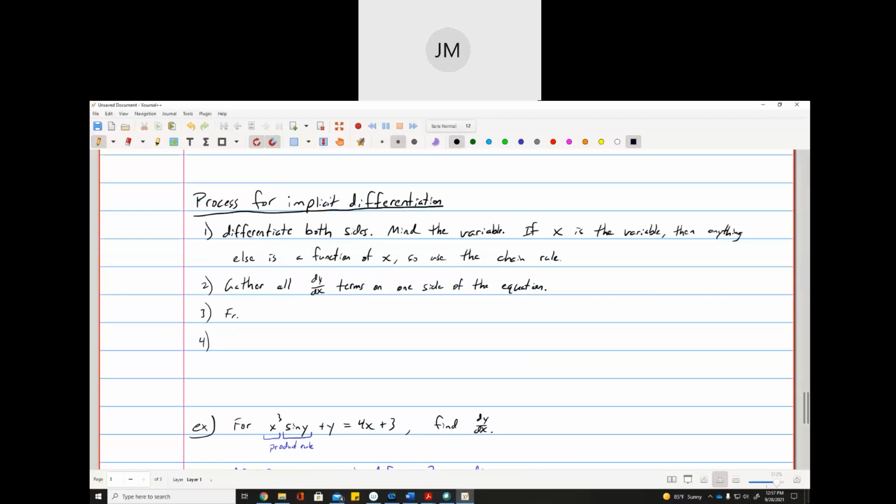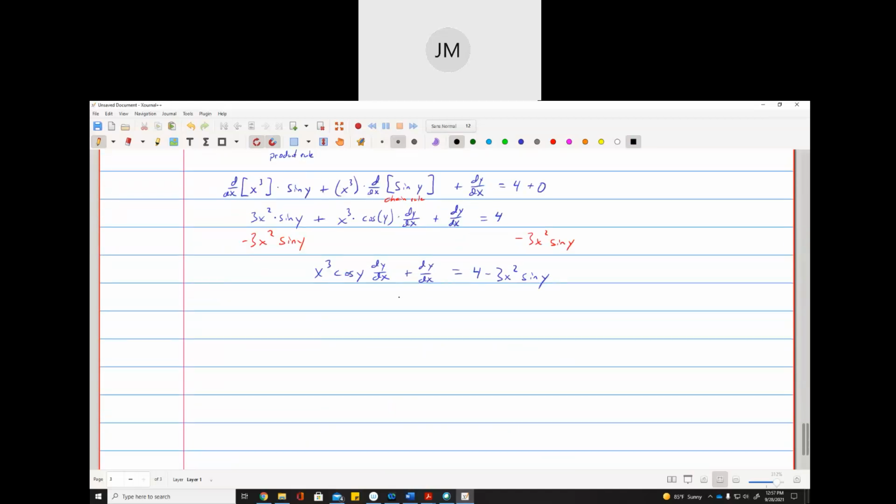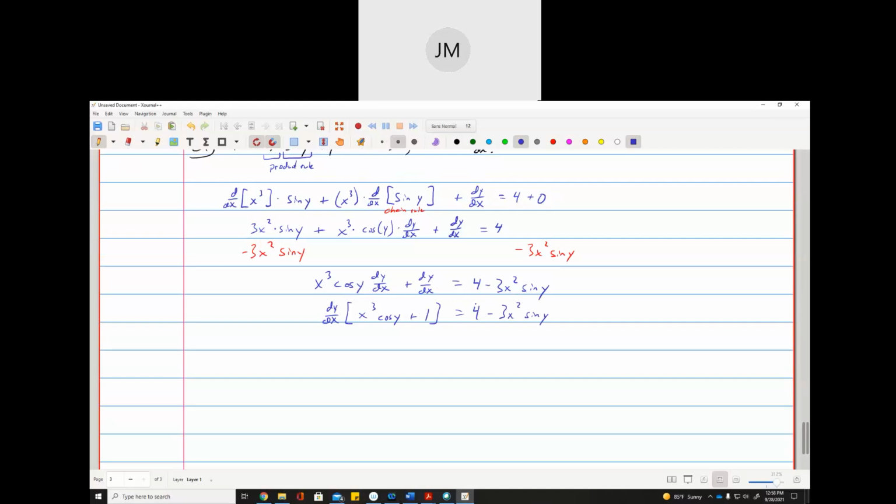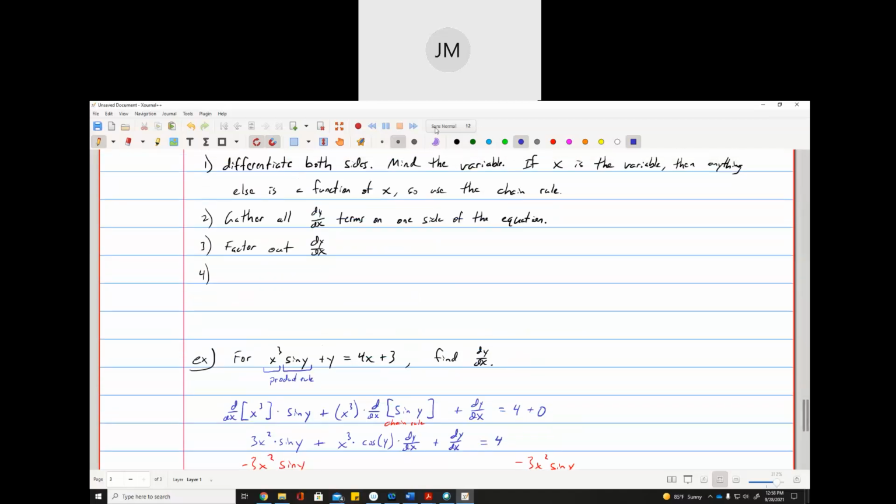We factor out dy dx. So if I factor out dy dx, what I'm left with in the first term is x cubed cosine y, and what I'm left with in the second term is just 1. So then I can solve for dy dx by just dividing.